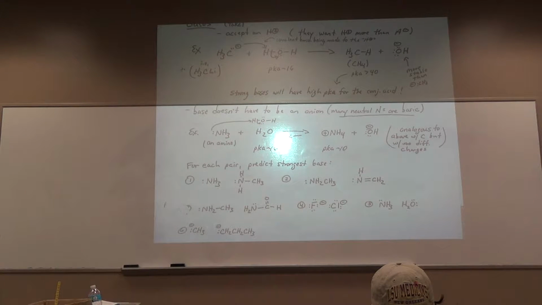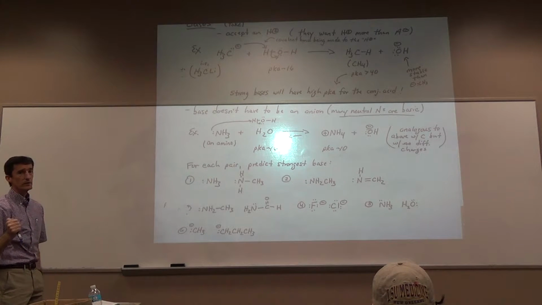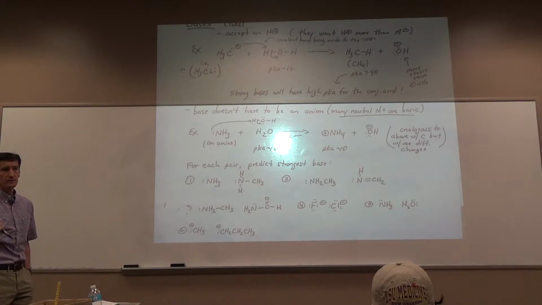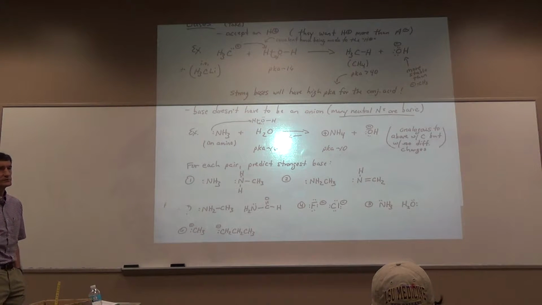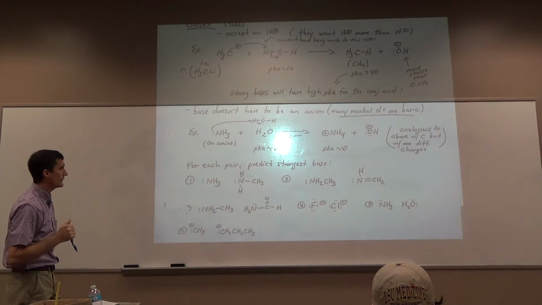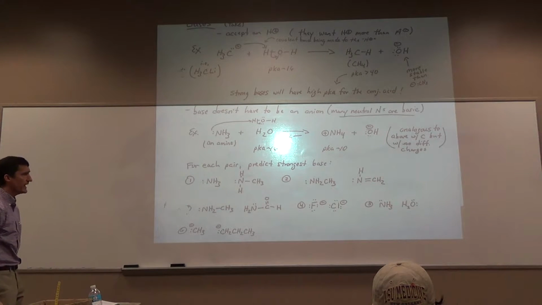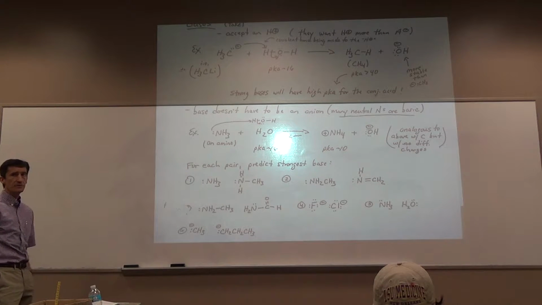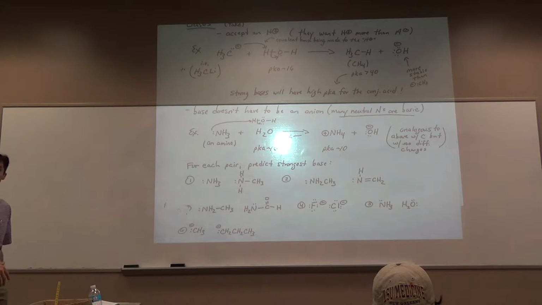Anions tend to be good bases. The only neutral type of molecule that's going to be a good base is a neutral nitrogen compound, like amines. Okay? An sp3 nitrogen is going to be your most basic, and then the sp2 nitrogen will be less basic, right? Hybridization effect.